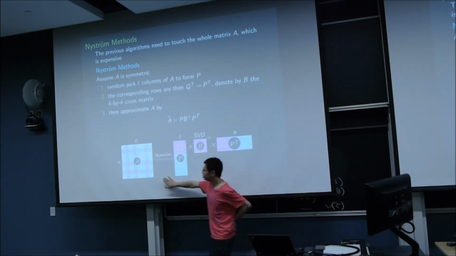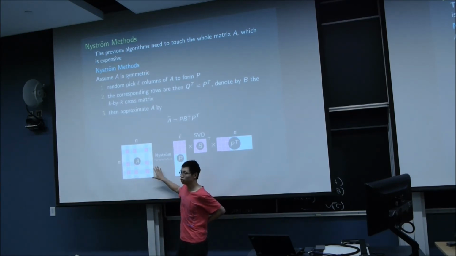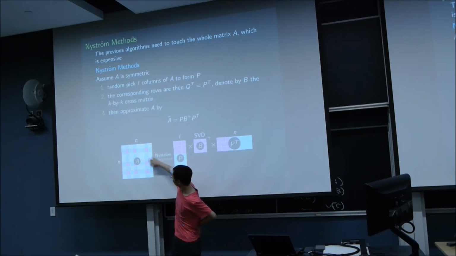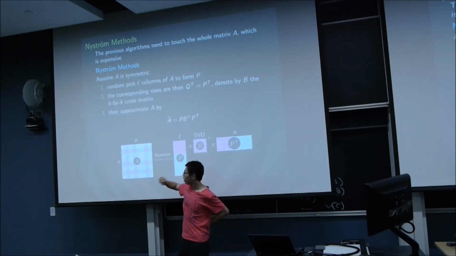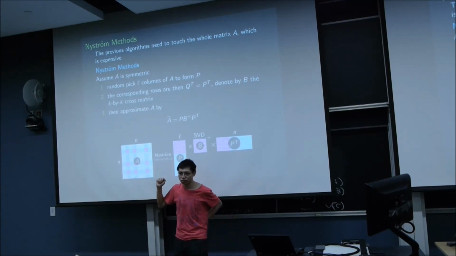So here is an example. We have A here, and we randomly pick 3 columns here. Because A is symmetric, we have the corresponding 3 rows here, and B is the intersection. B is a 3 by 3 matrix.